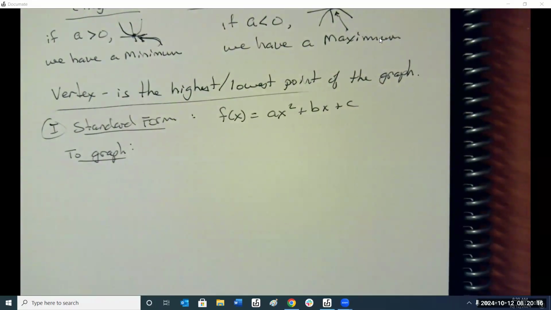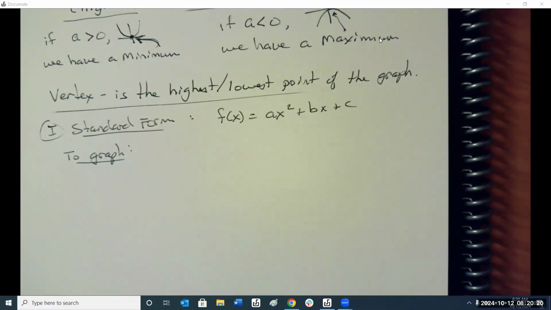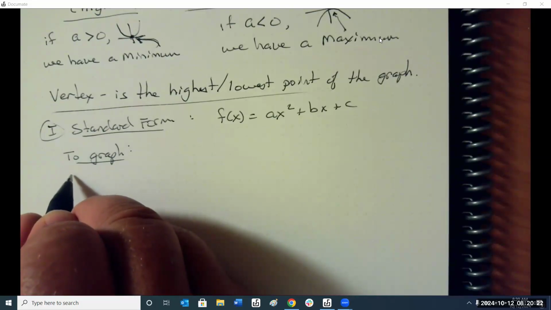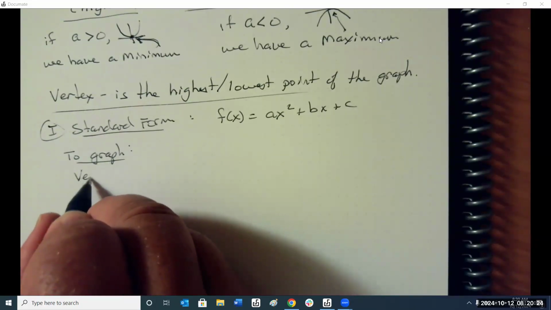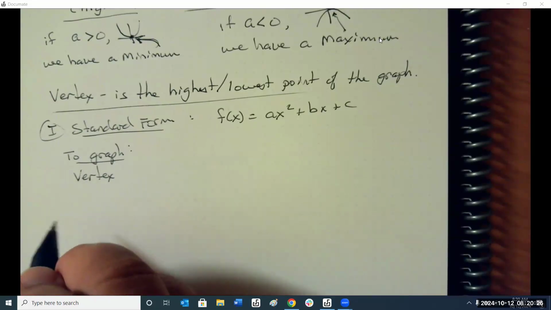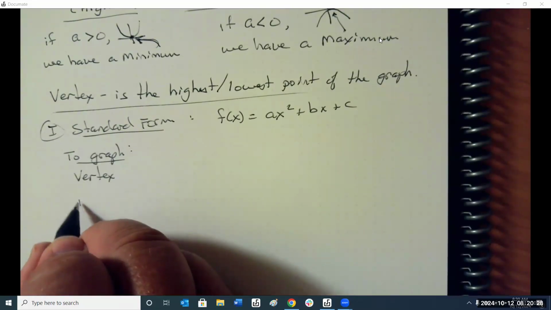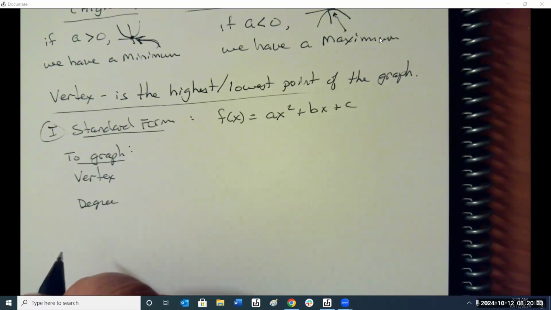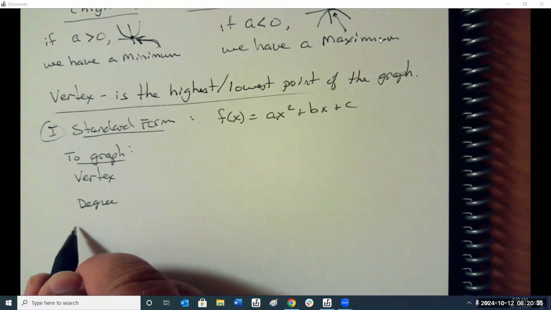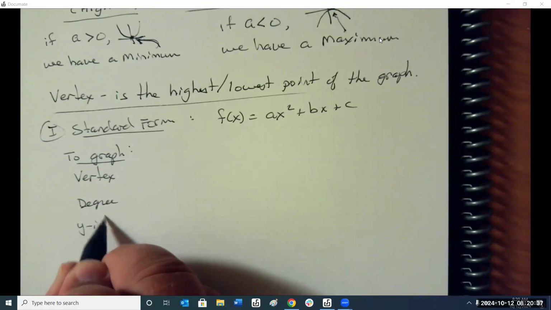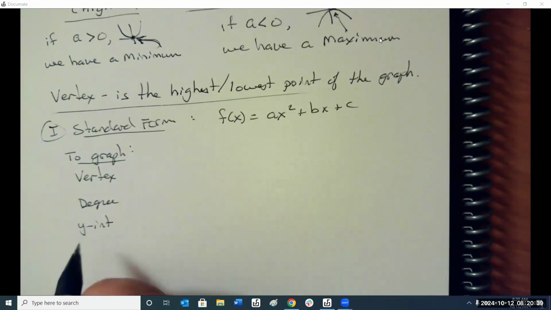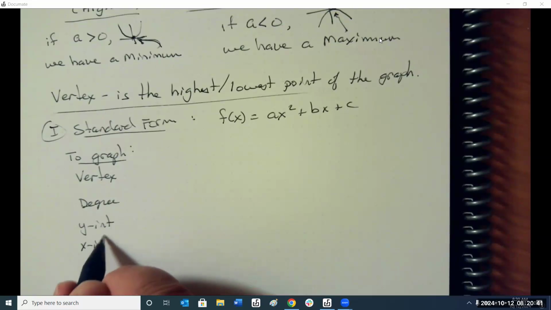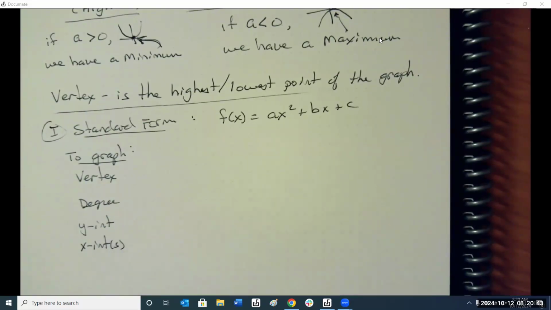To graph, we'll first need a vertex. We need the degree. We need the y-intercept. We need the x-intercept or x-intercepts.